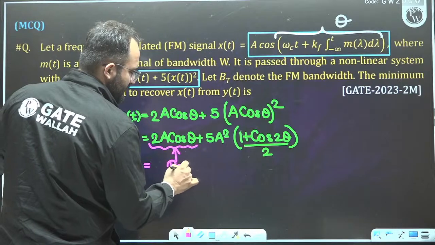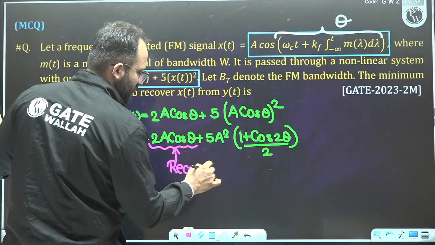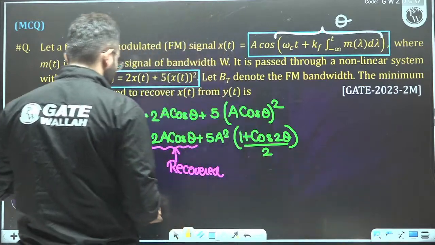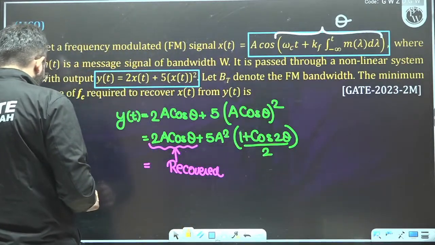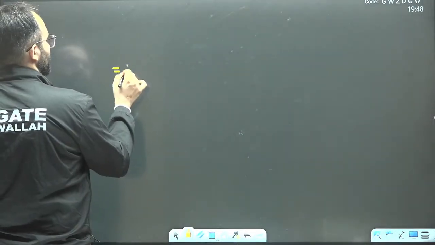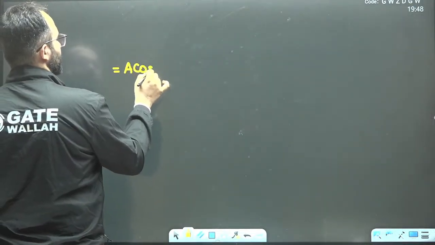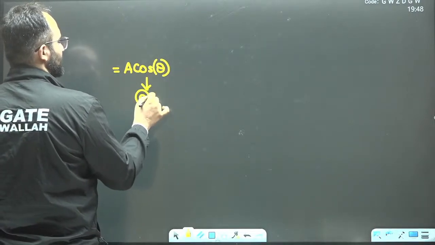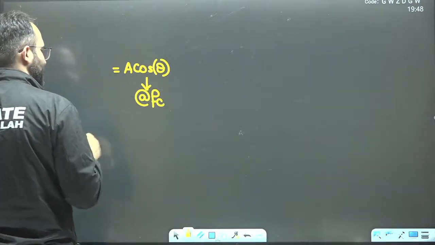Now this term can be recovered only when, we can see a very beautiful thing that we'll see. Here we have two terms. The first is A cos theta. Obviously this will be at the center frequency or the carrier frequency fc.